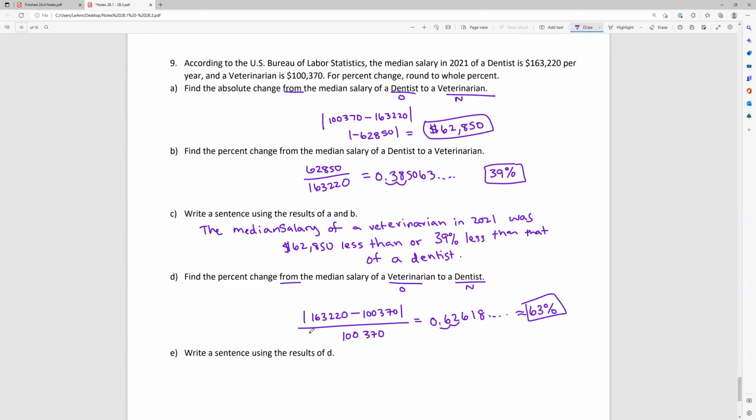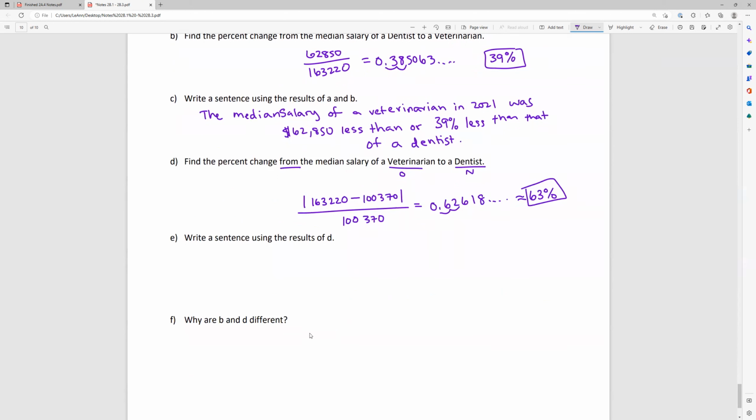And then we want a sentence about this. So the median salary, and since we didn't do the absolute change, since that was the same, I'm going to just put this in terms of the percentage. You could say the median salary of a dentist is, you could say $62,850 more than a veterinarian.